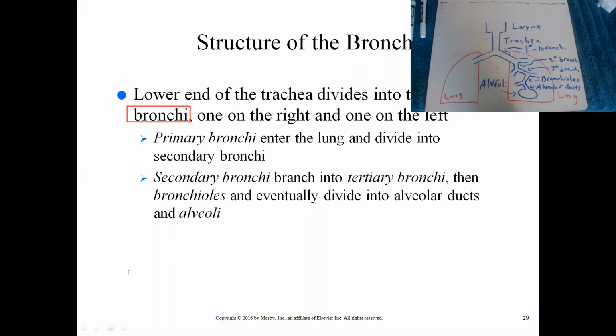And to summarize, if we look at the full pathway of air now, from the beginning, this is inhaling.